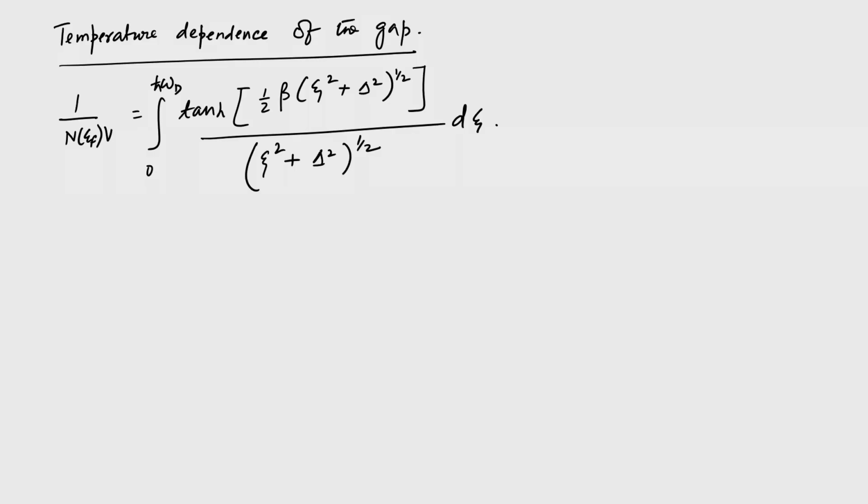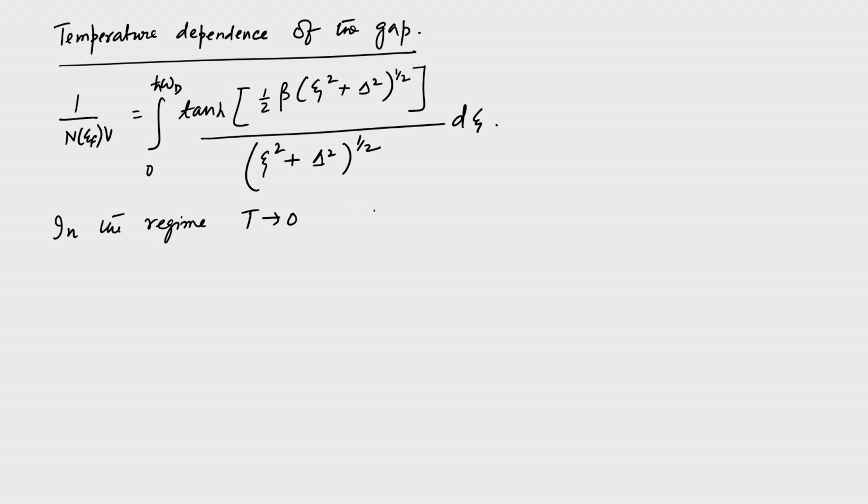So, in the vicinity of T equal to 0, the temperature variation is very small, it is exponentially small, in the regime T going to 0.